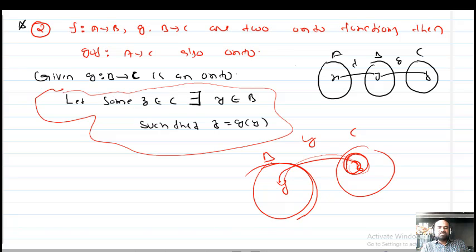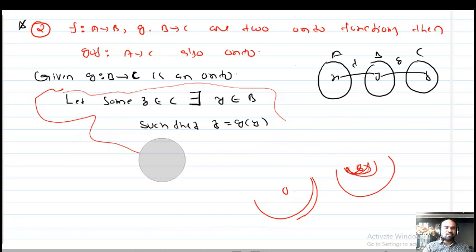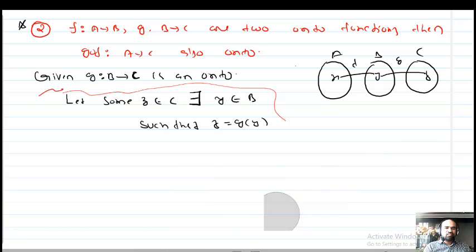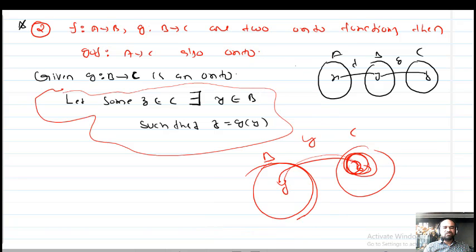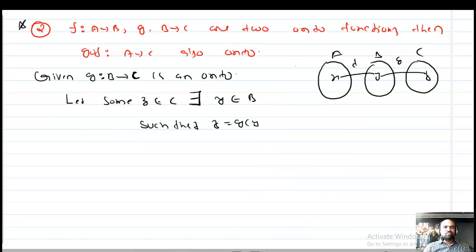Let some z belong to C, then there compulsorily exists a y belonging to B such that z equals g of y, meaning z is the image of y, or y is the preimage of z. Students, understood? I hope you understood how I got the step and how I wrote the step.